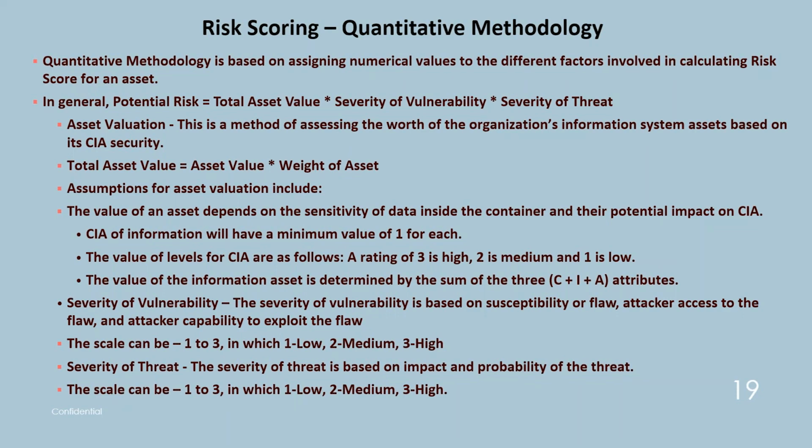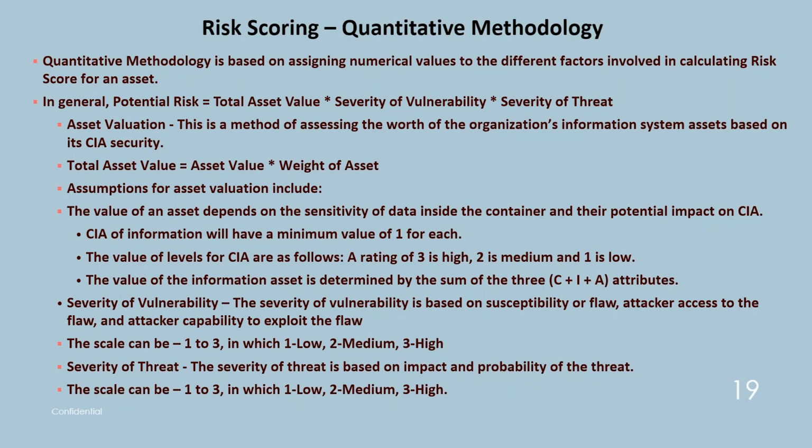You have an asset value which is based on the weightage of a particular asset. Suppose you are giving a weightage to C, I, and A. Something rated 3 means it's very high, 2 is medium, and 1 is low.